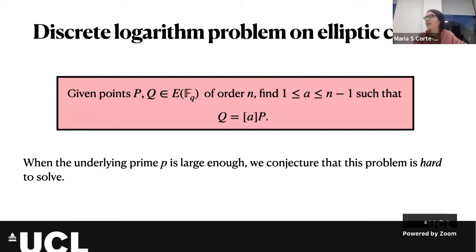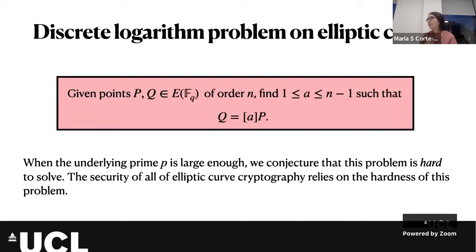By hard, I mean that it takes exponential time in the size of the input. And so if your prime is large enough, then you can't solve this problem in the life age of the universe, essentially. And the security of all elliptic curve cryptography relies on the hardness of this problem.